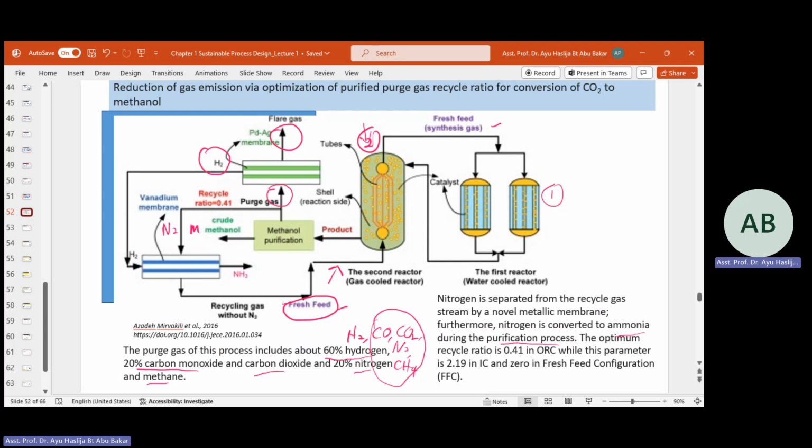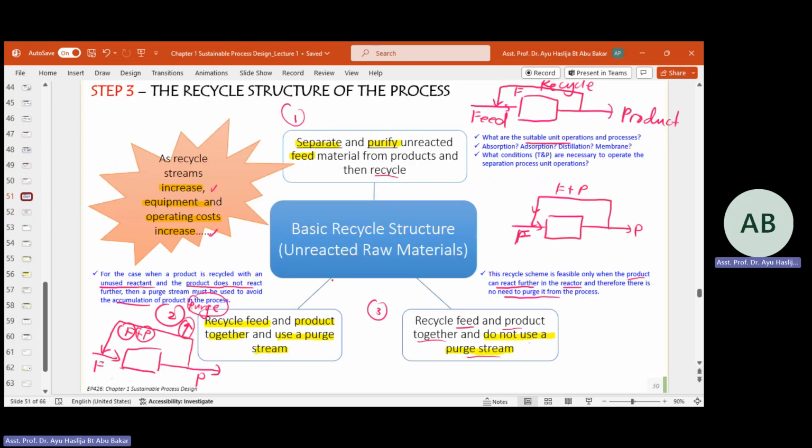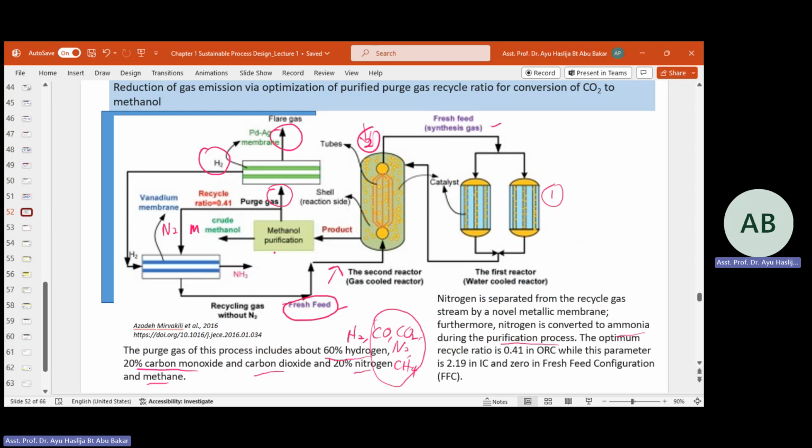Again, my question: from the three cases of recycle structure, which best describes this process? Second one. Why do you say so?